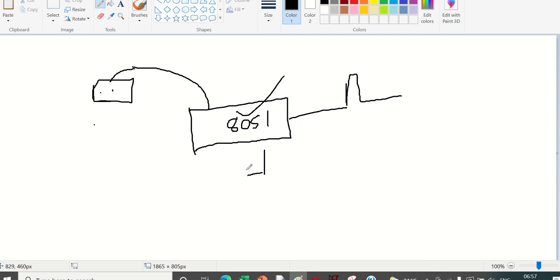Generally sensors will give small voltages. Based on that, you should tell me that if a sensor was giving this voltage, I will use NMOS, and if it was giving this kind of voltage, I will use PMOS. Think and do it.